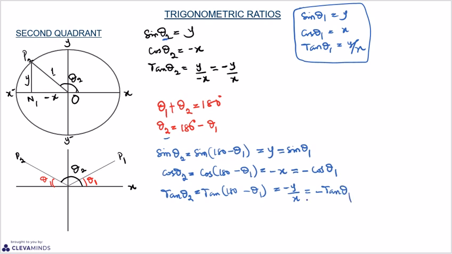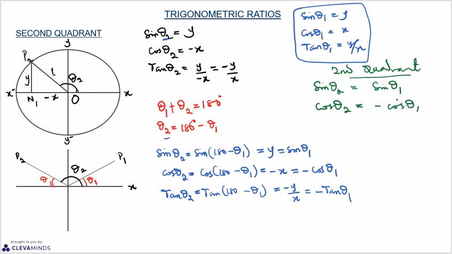So what's the conclusion? From what we have done here, we can see that sine theta 2 equals sine theta 1 in the second quadrant. It's important to note all these things. Then we also see that cos theta 2 equals negative cos theta 1.